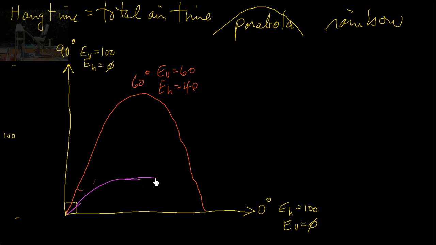It would look something like this, and it would end up at the same point as a 60 degree because it doesn't have very much hang time. So this is the 30 degree angle. This has energy in the vertical direction of 30 units and energy in the horizontal direction of 70, but unfortunately without the hang time it just can't get out there.